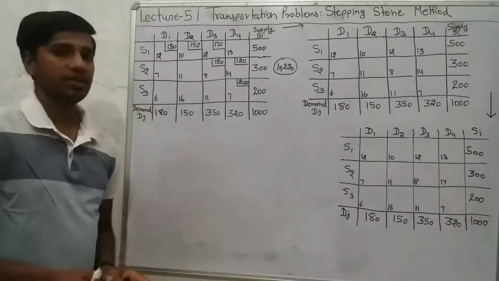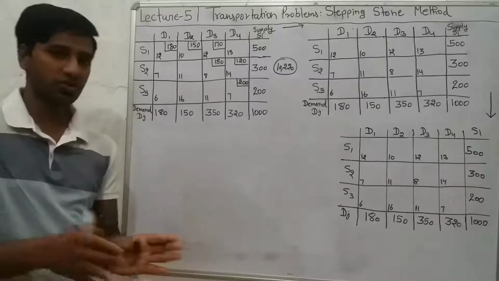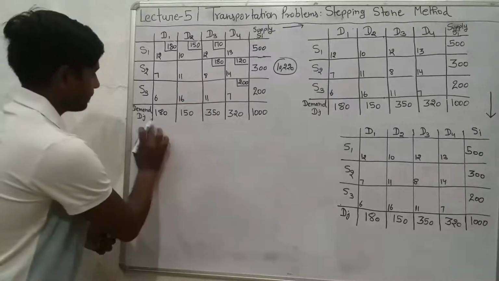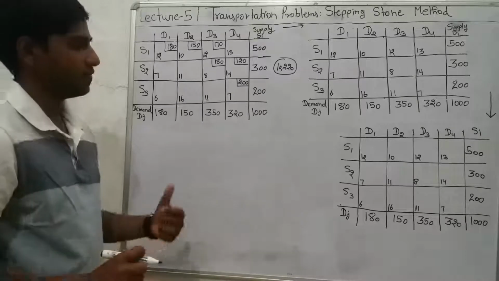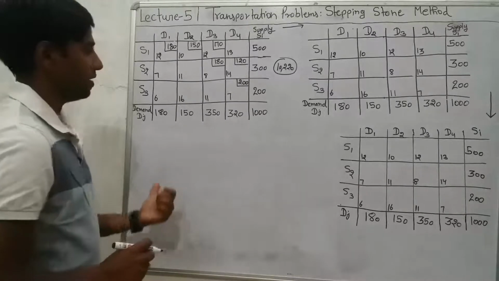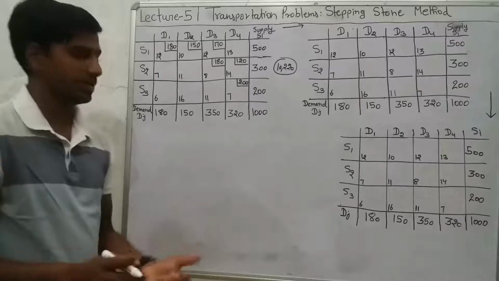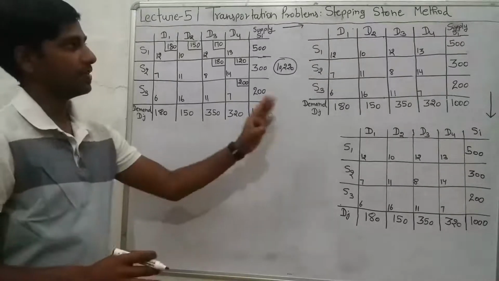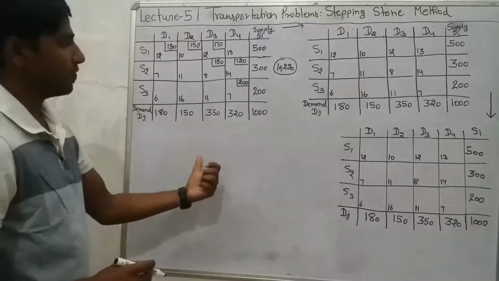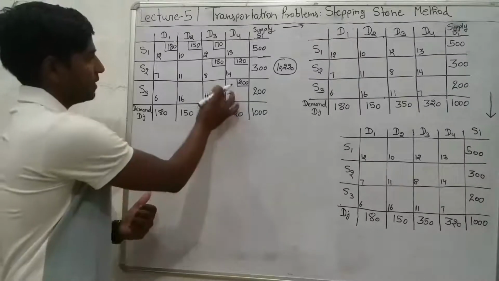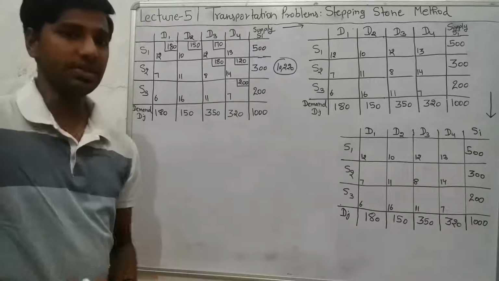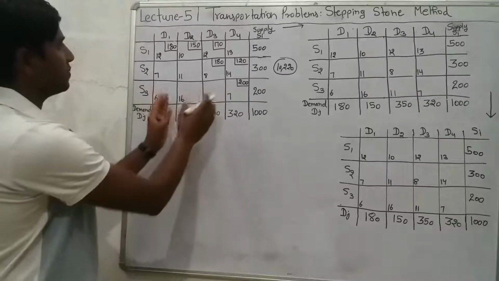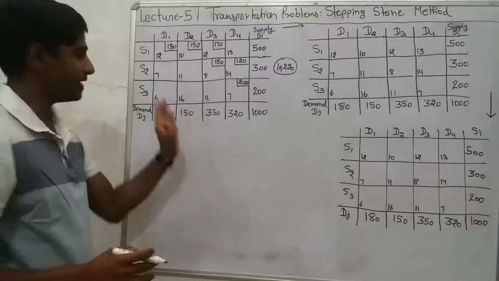In the stepping stone method, we need to calculate the opportunity cost of these unoccupied cells, and on the basis of that opportunity cost, we are going to test the optimality of the solution. So let's start the stepping stone method. In the first step, we have to calculate the opportunity cost of the empty cells one by one. Firstly, we identify the number of empty cells, that is equal to 6.